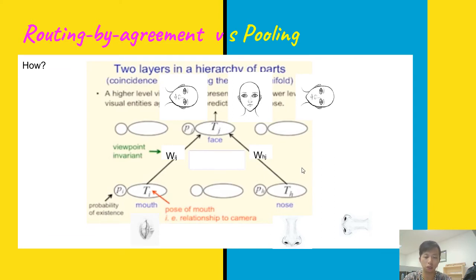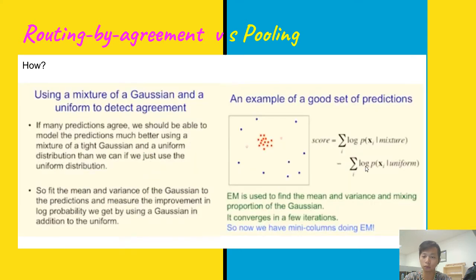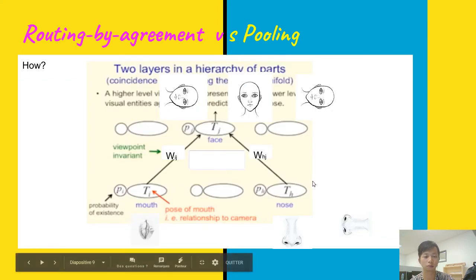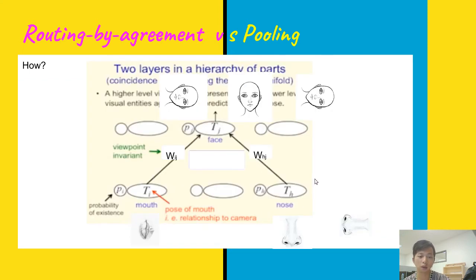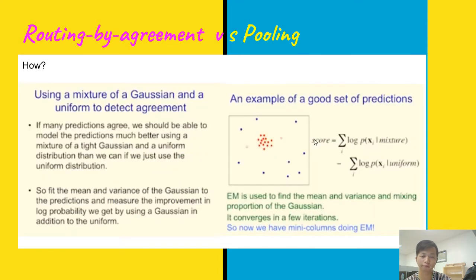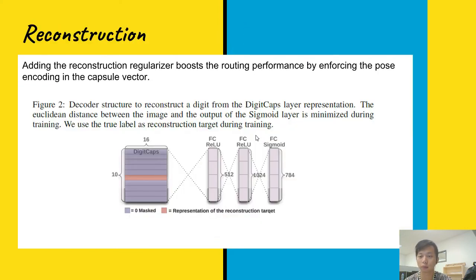This is dynamic routing with agreement. Actually, in Hinton's presentation, he proposed to use a mixture of a Gaussian and a uniform to detect the agreement. And I don't know why in the paper they use the vector multiplication. So maybe we can try this too, to find out which one is better.